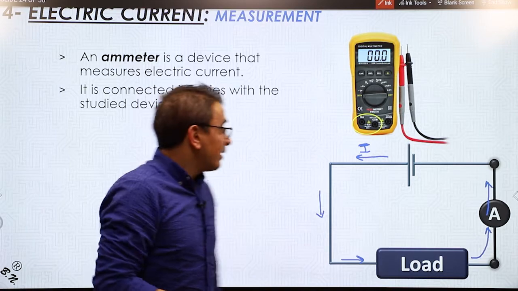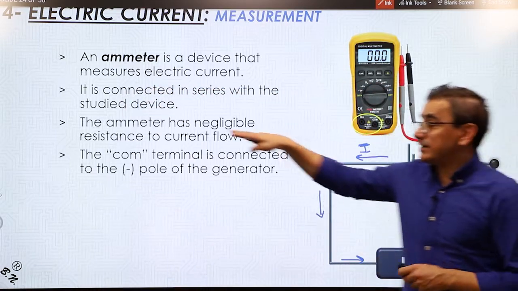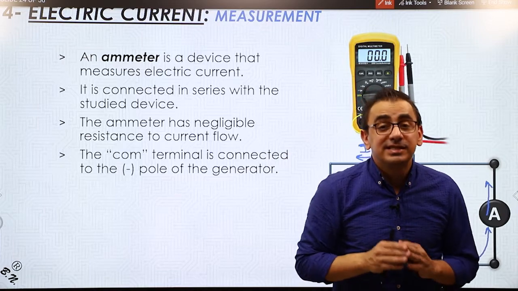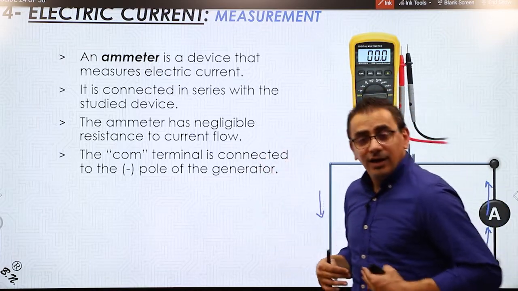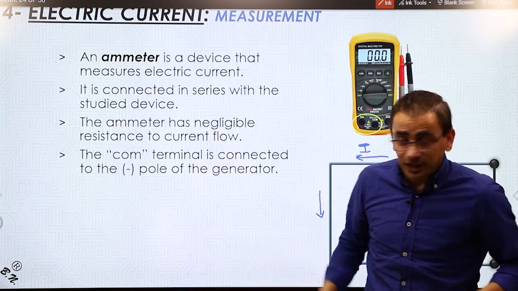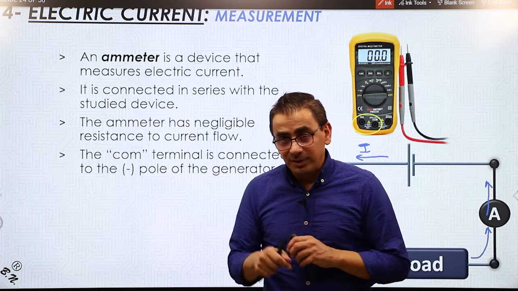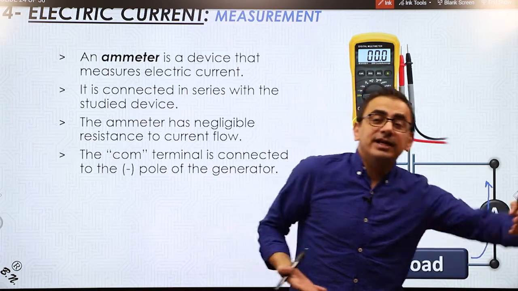Another note we need to keep about ammeters is that the ammeter has a very negligible resistance to current flow. Electric resistance is simply the action against the flow of charge. Whenever you have an ammeter, the ammeter has an entry and a negative pole.